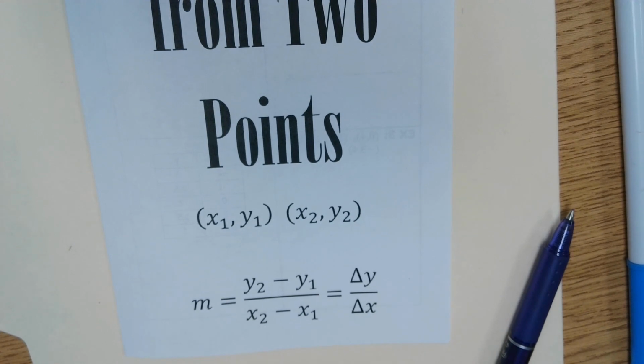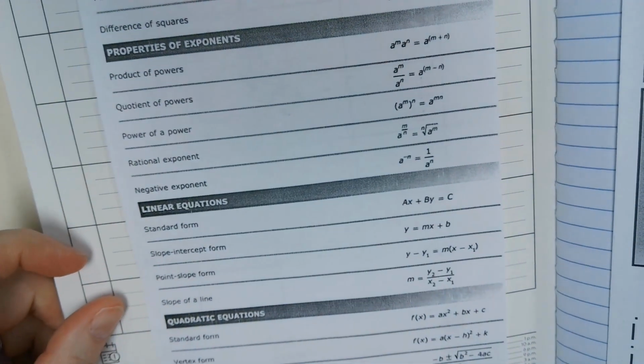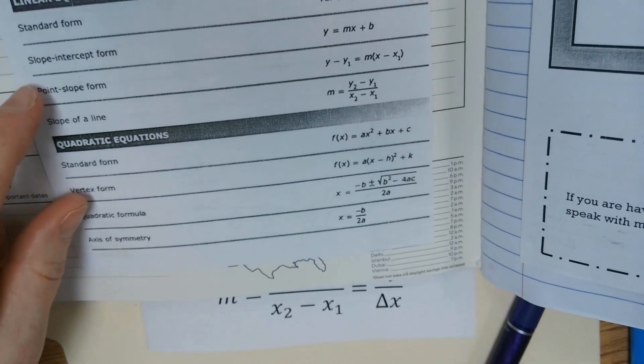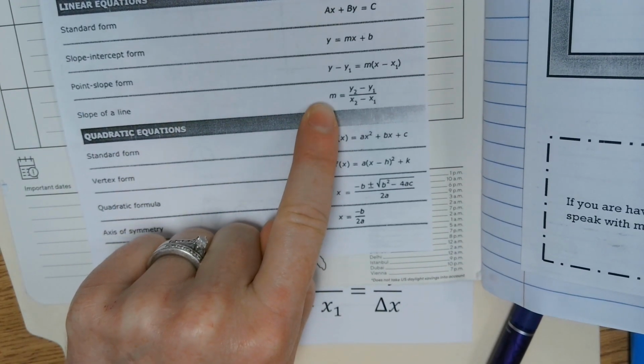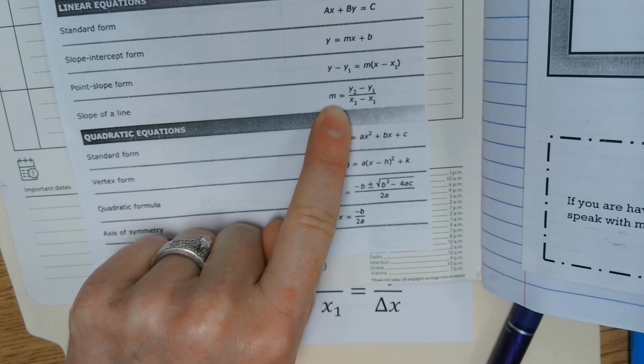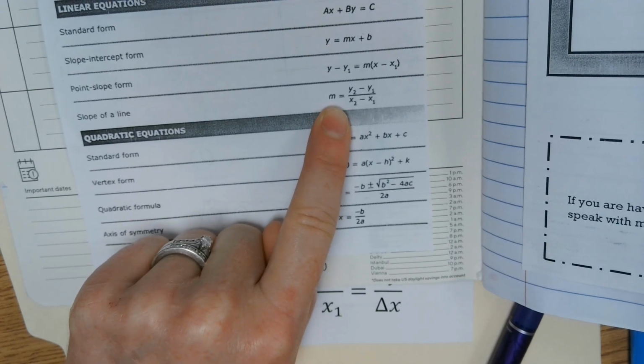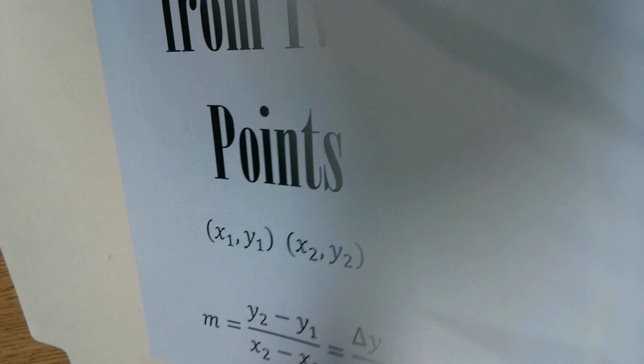So whenever you take a test, you will have this formula chart, and the slope formula, slope of a line, is right here. M equals y2 minus y1 over x2 minus x1. So the x's and y's come from 2 points.